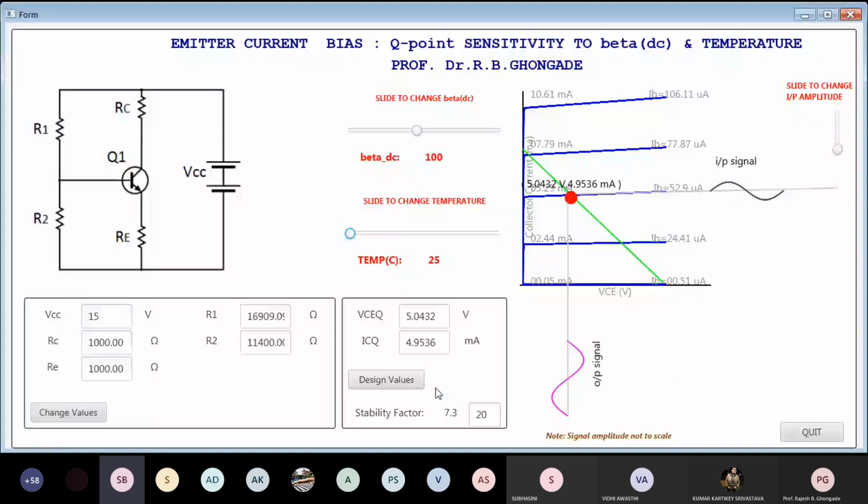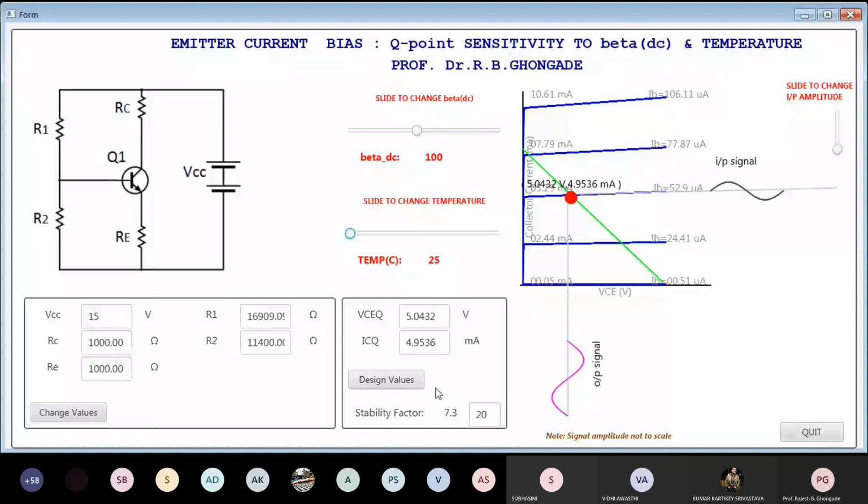It does not mean, however, that your fixed current bias is totally useless. It can be used when you want to use the transistor as a switch. In that case, fixed current bias is a very good candidate, because we want the transistor's Q point to be either in cutoff or in saturation.